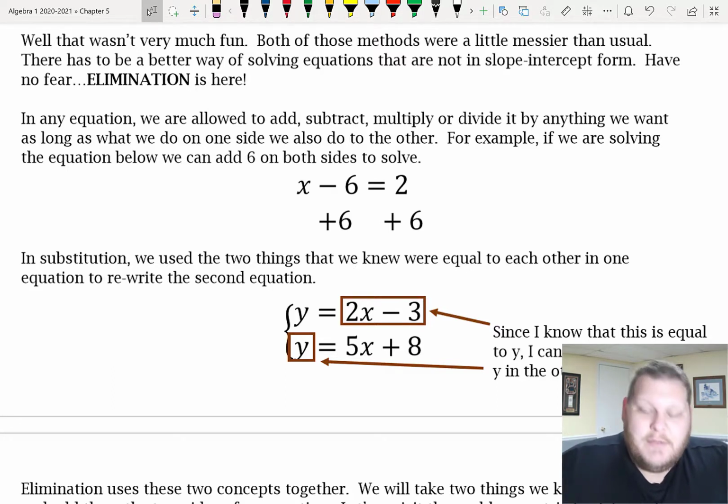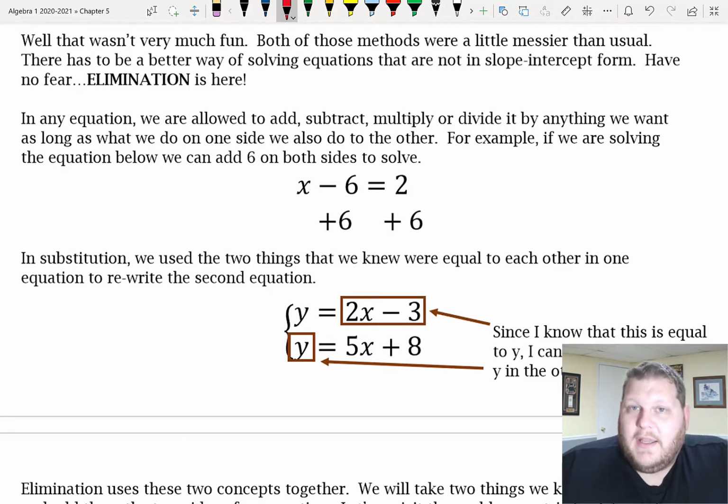Now, in substitution, we realized that we could have things that are equal to each other but look different, and then we could use that to our advantage, right? In the substitution problem like I'm showing here, we know that the 2 things that I have boxed in the red rectangle here, 2x minus 3 is equal to y, and even though I'm dealing with things that look different, they're equivalent to each other.